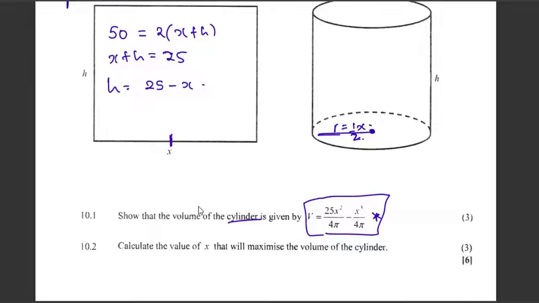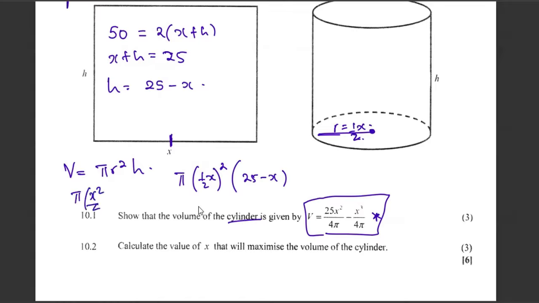All right, so if it's 25 minus x, we know that the volume of a cylinder is given as pi radius squared times the height, the area of the base multiplied by the height. So our pi is a constant. We said our radius is a half of x. You're squaring that. The height is 25 minus x. So when you simplify half x squared, it's going to give us pi x squared over 4 into 25 minus x.